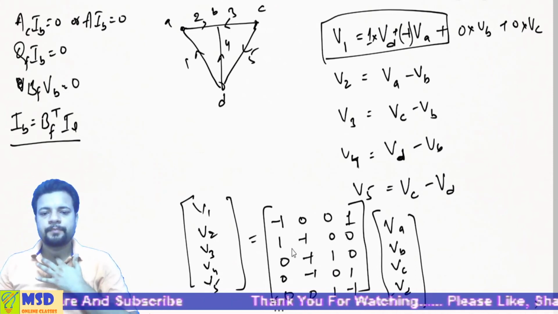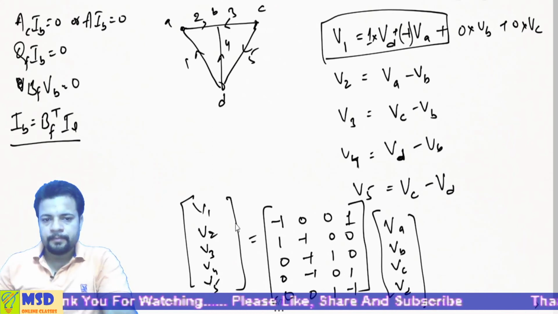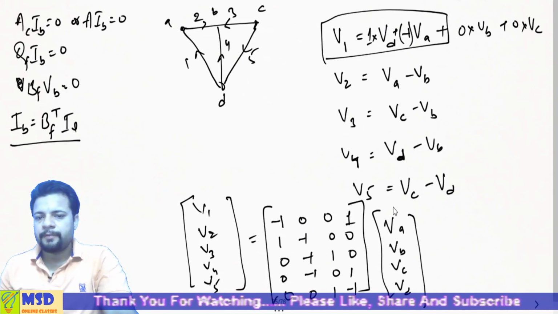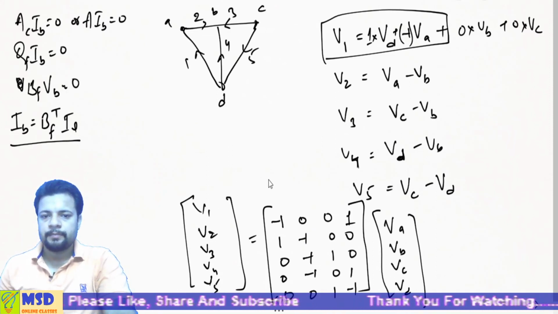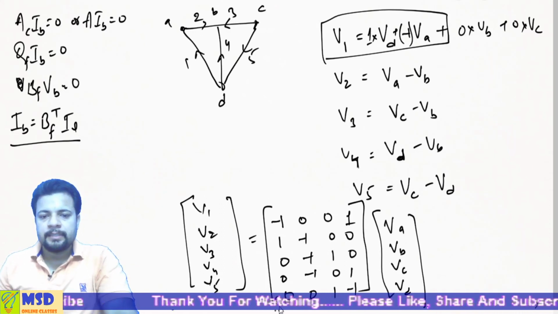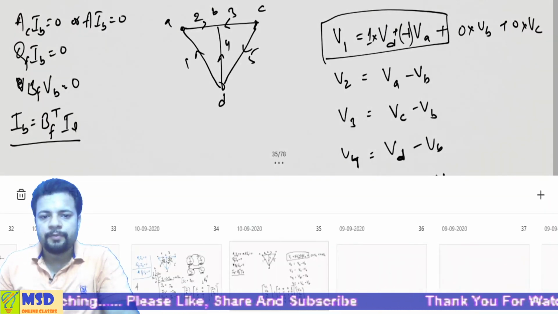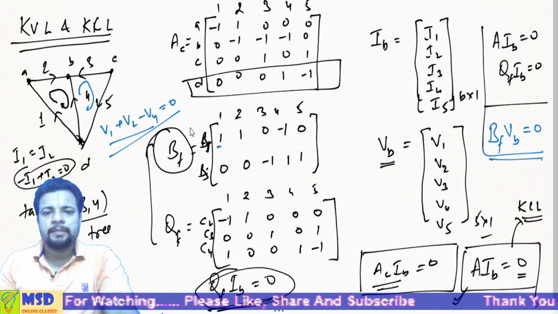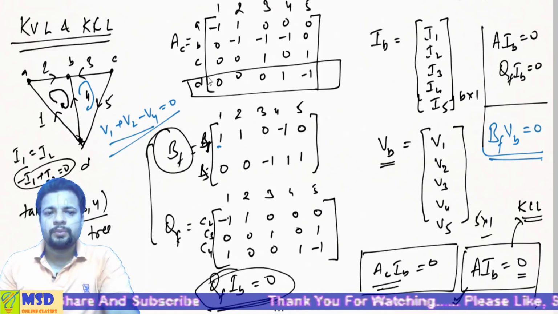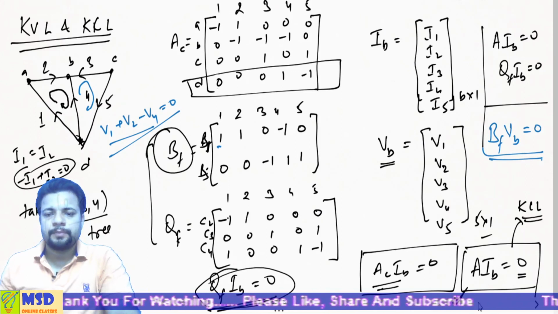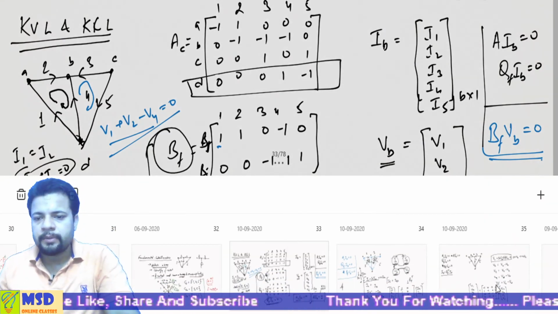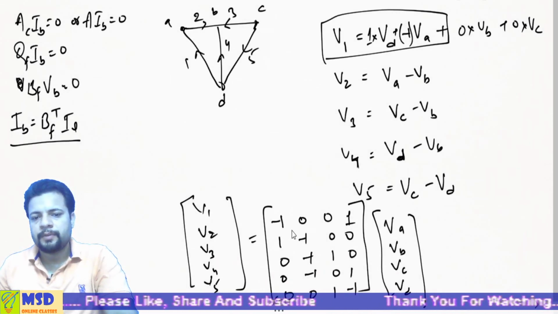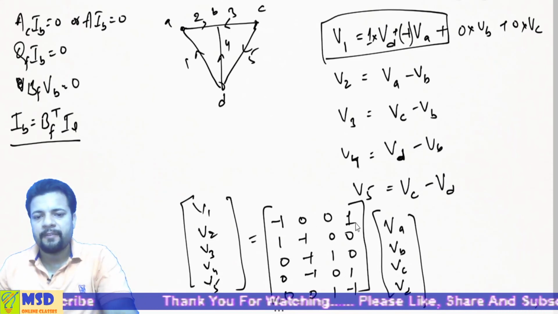Now see this matrix here. This is the matrix which we get, which relates your branch voltage vector with your node voltage vector. Let me see the various matrices which we have developed for this given graph. We can see it is equal to A_C transpose. I hope you can relate them here. The first row is -1, 0, 0 and 1.